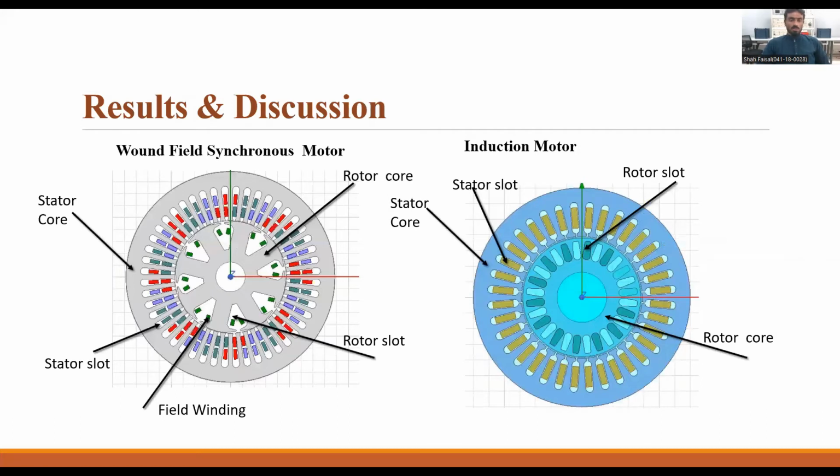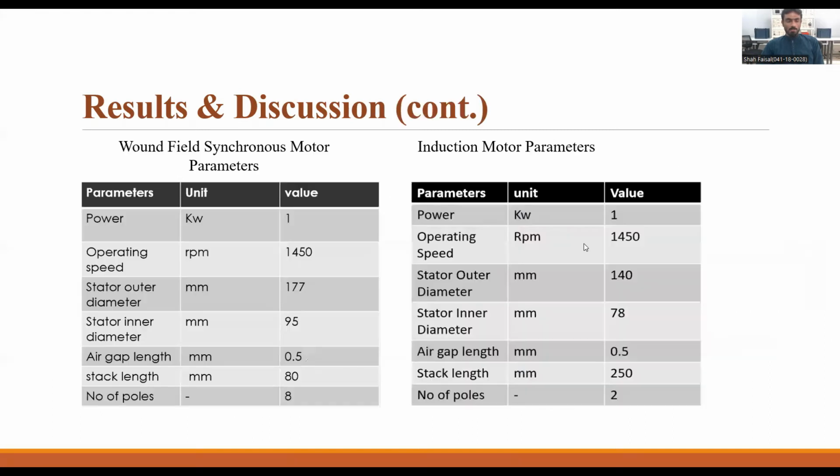Results and discussions. We designed two initial models, a wound field synchronous motor and an induction motor. Each has two parts, the stator and the rotor. These are the two models that were designed initially.